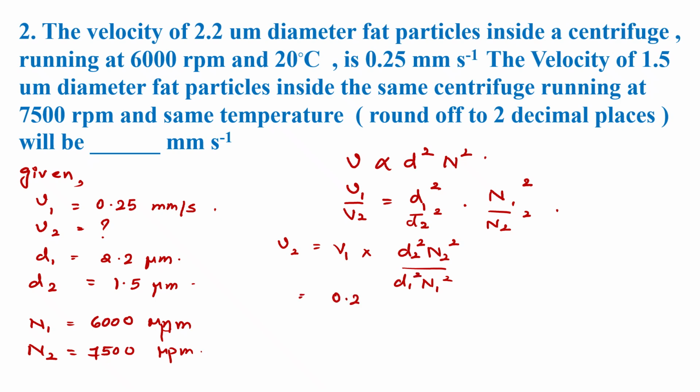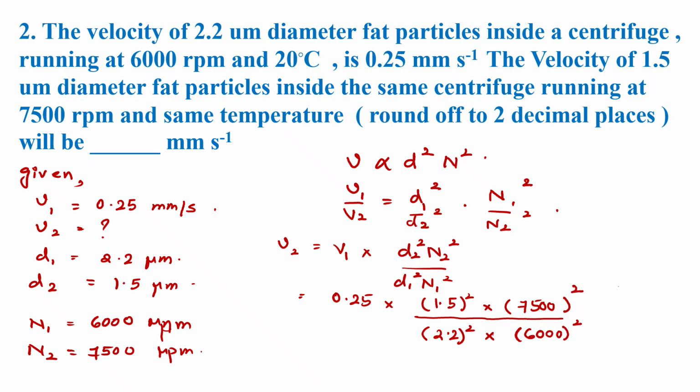Which is equal to 0.25 into 1.5 square into 7,500 rpm square divided by 2.2 square into 6,000 rpm square.